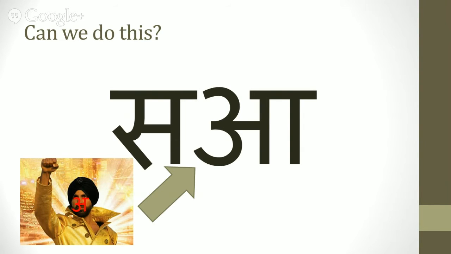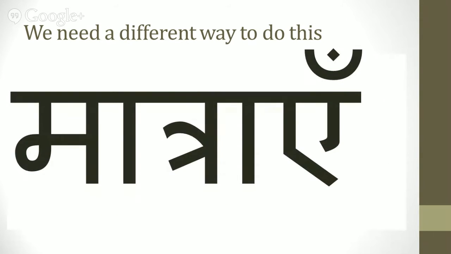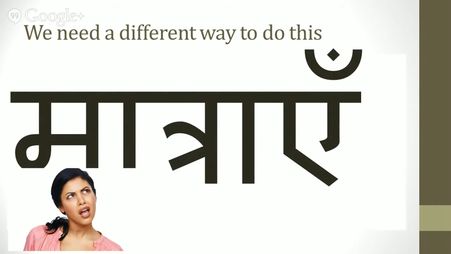Yes, Mr. Himself is here. So this is actually sa'a. We can't get rid of that easily because this is a vowel in its full form. It doesn't get rid of itself, so we have to pronounce sa'a. So what's the solution? We need a different way, and that way is matra.